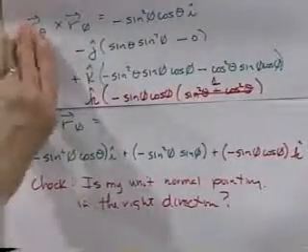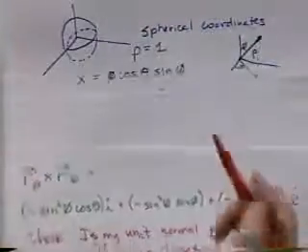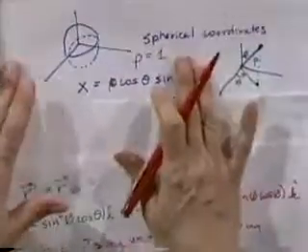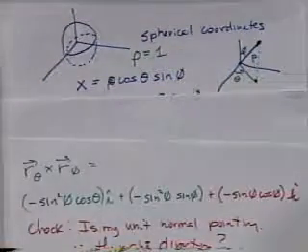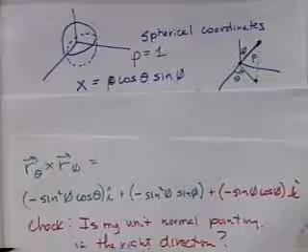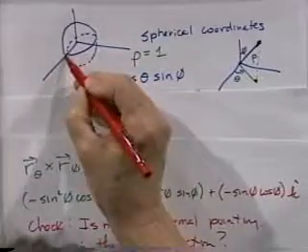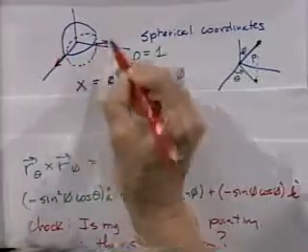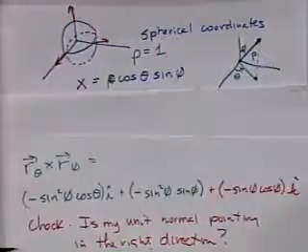What does my surface look like? Oh, it's a ball. So if my surface is a ball, how is my unit normal supposed to be pointing? Outward. Remember, the divergence theorem says all your unit normals have to be going outward.